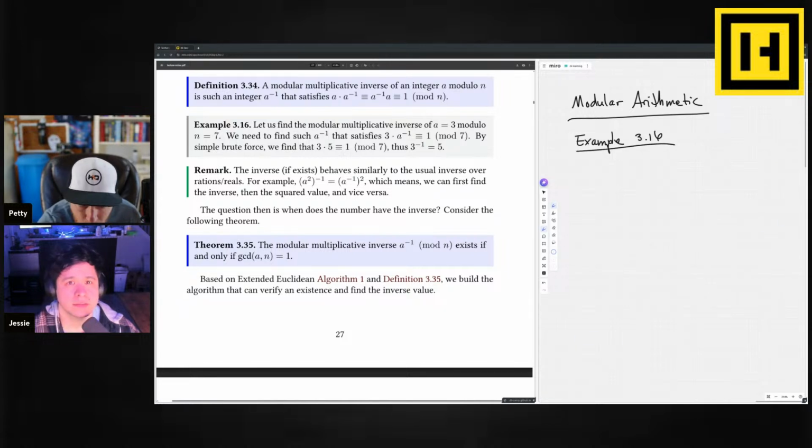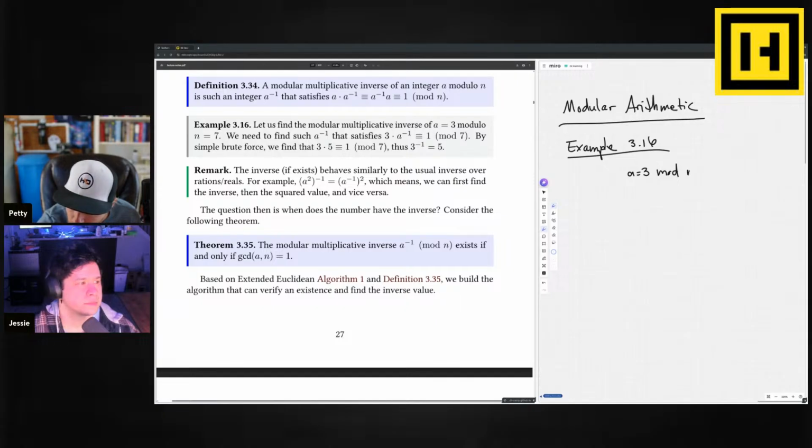All right. So, find the modular multiplicative inverse of a equals 3 mod n equals 7.